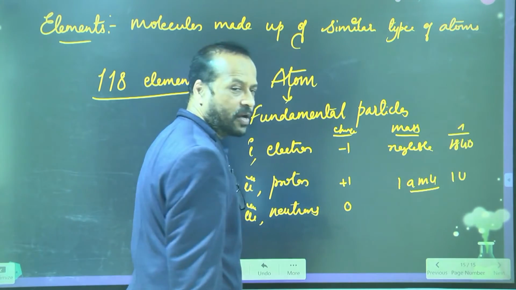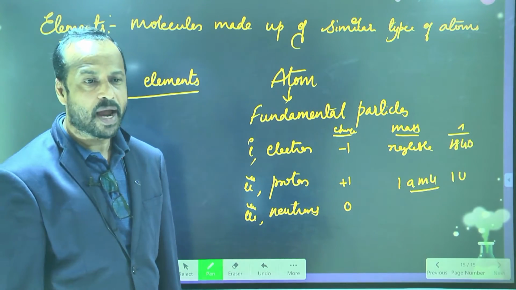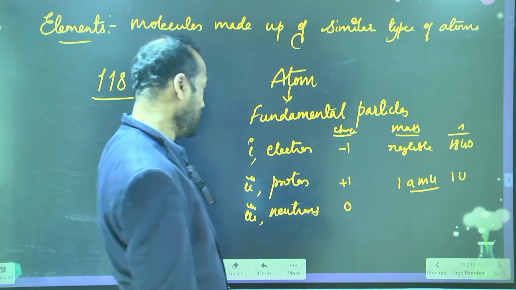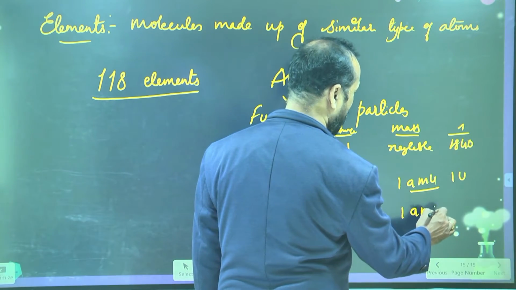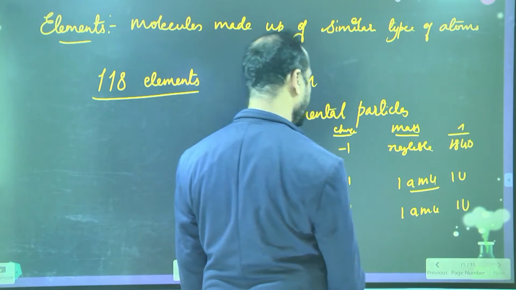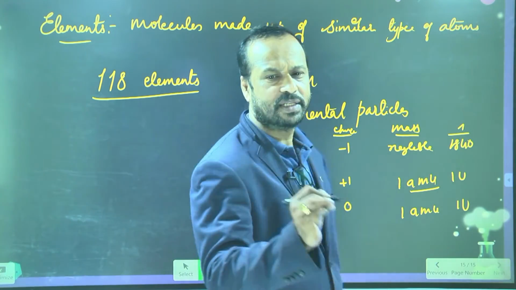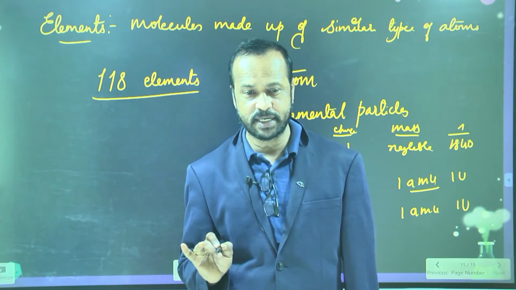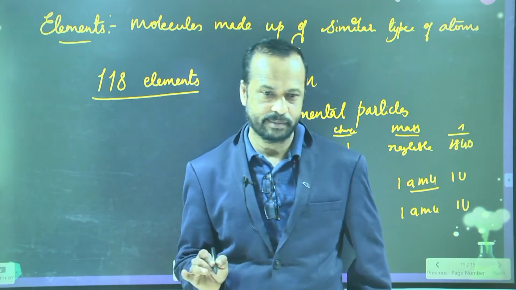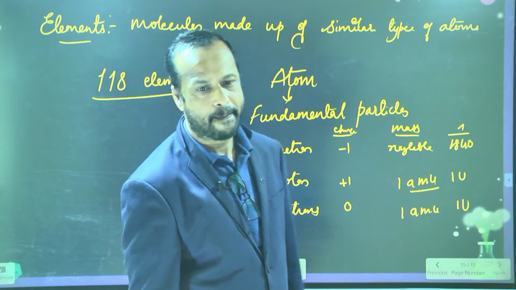AMU stands for atomic mass unit and U stands for unified mass. The neutron is also 1 AMU or 1 unified mass, but its mass is very slightly greater than the proton's mass. Is this clear till here? Any doubt? Yes, sir. Clear, sir.